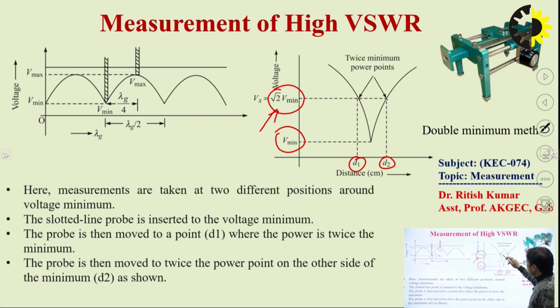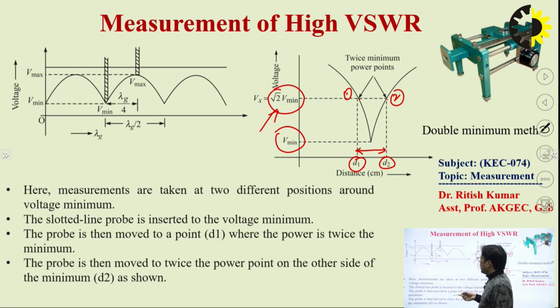Corresponding to the first point we have a distance d1, and corresponding to the second point we have a distance d2. So we know the separation of these two points where the doubling of the power is achieved. Why we take these two points, we will get to know in the next slide.